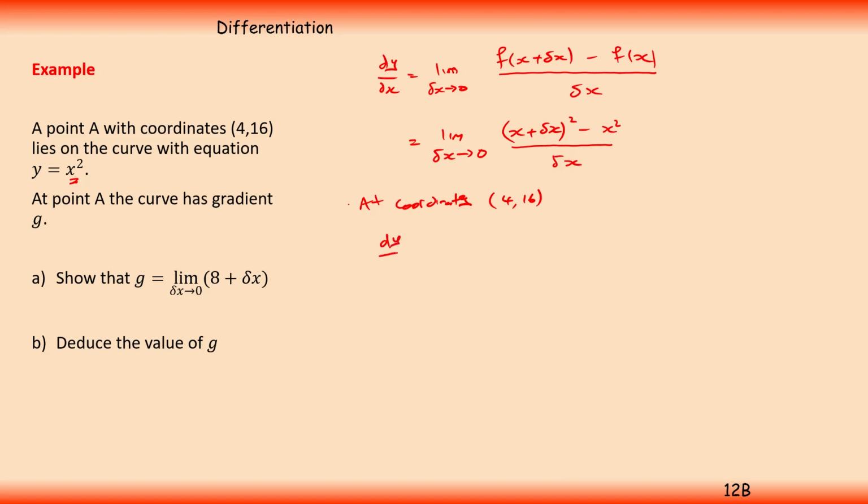So dy over dx, or g, the gradient, is equal to the limit delta x tends to 0 of x is 4, so we've got 4 plus delta x squared minus 4 squared all over delta x, which is equal to the limit delta x tends to 0 of 16 plus, we expand, 8 delta x plus delta x squared minus 16.